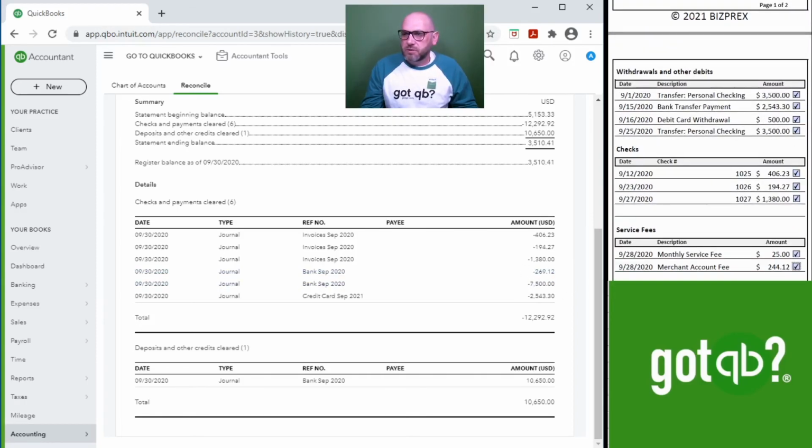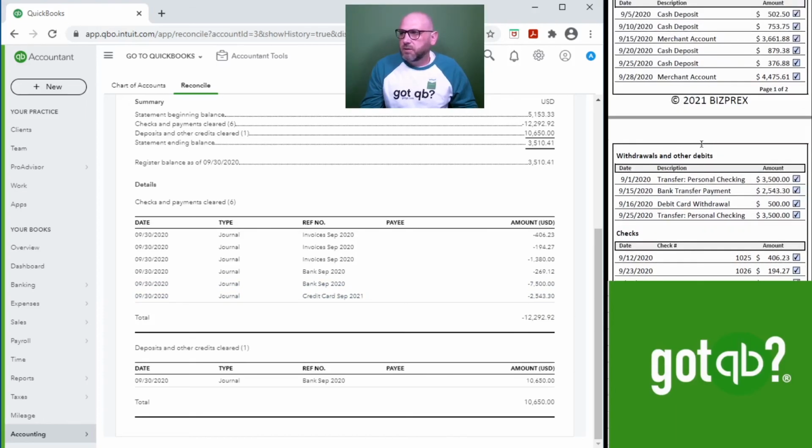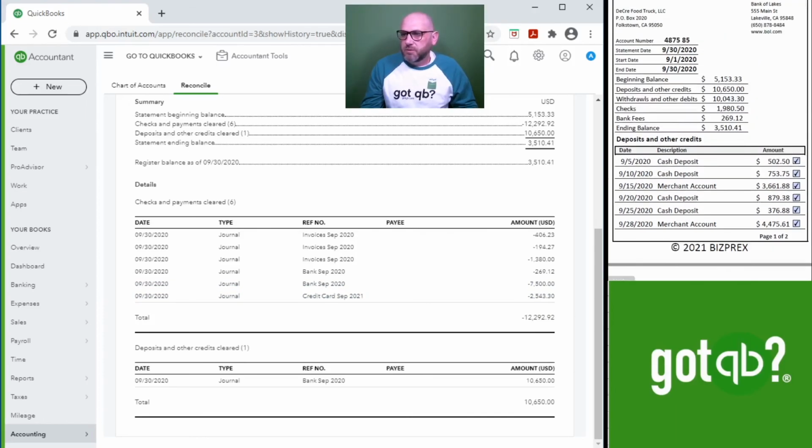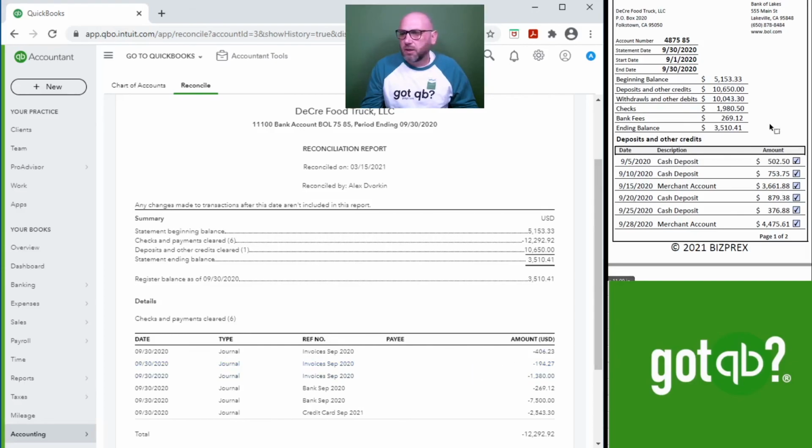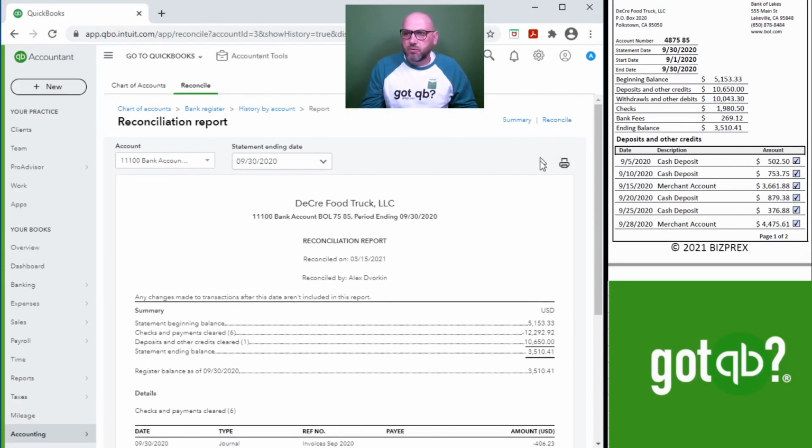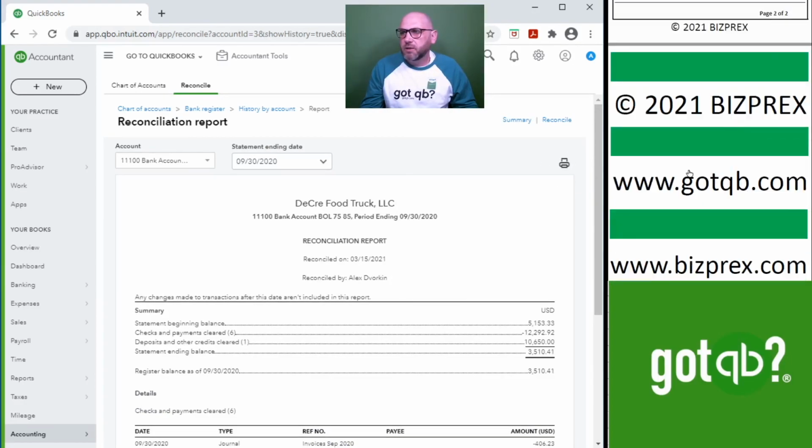The draws got summed up. We sacrificed that. And the bank payment to the credit card is separate. Makes sense. Deposits, same thing. We booked them as a lump sum. We sacrificed the detail, but they're still here. And again, what's important, it reconciles, right? Our ending balance matches. Again, we would print it, attach it to the bank statement, and we're done reconciling September.